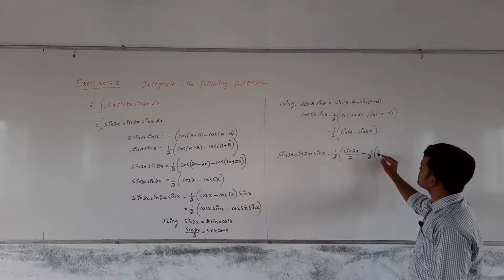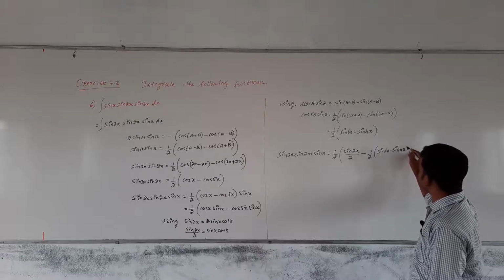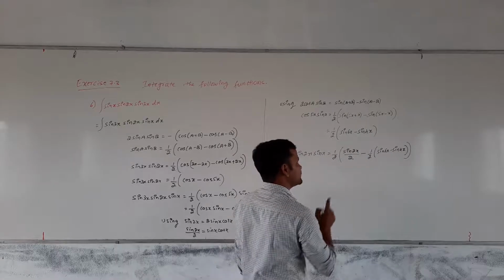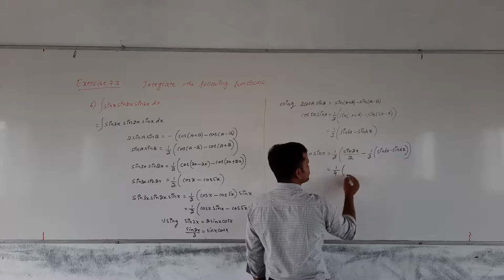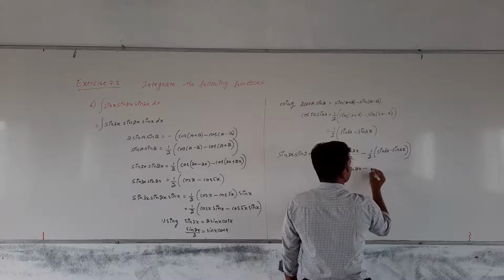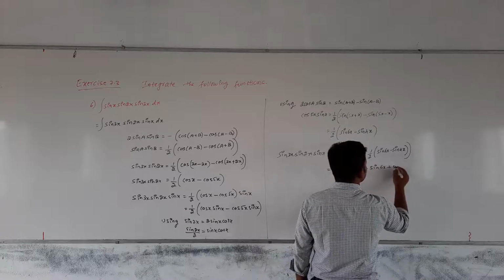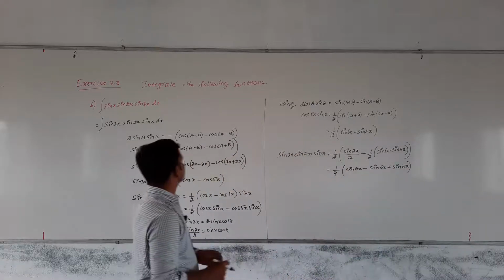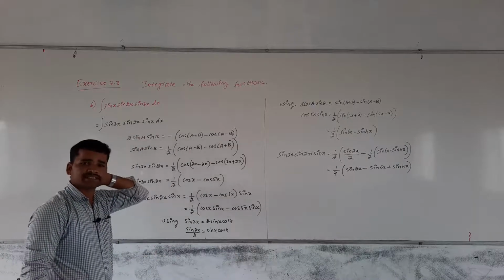Here you see 1 by 2 is common, take this outside. This becomes 1 by 2 into 1 by 2, that is 1 by 4, multiplied with sine 2x minus sine 6x plus sine 4x. This is the simplified form of sine 3x into sine 2x into sine x.